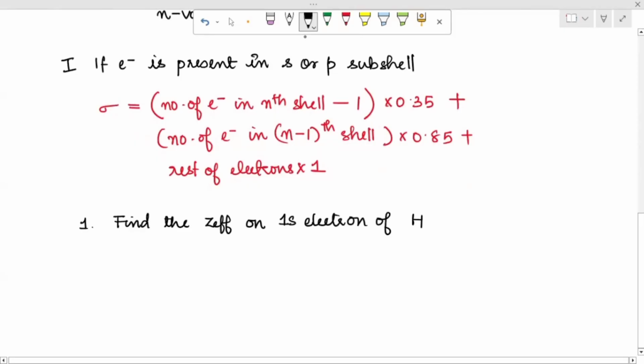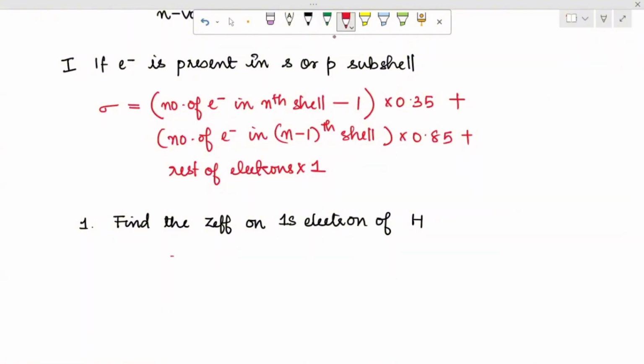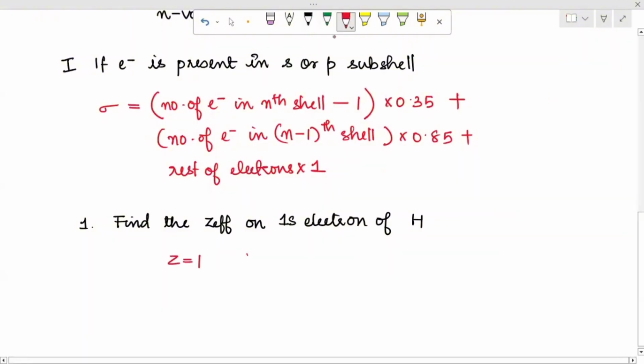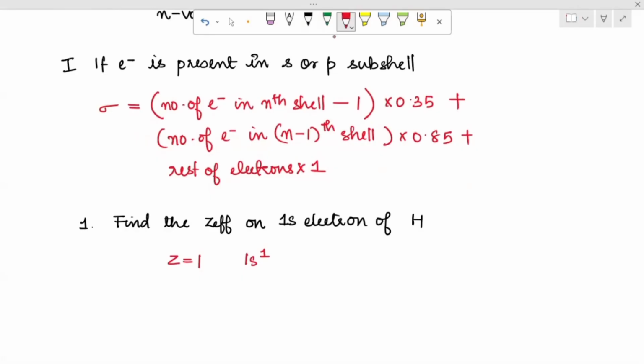To know this, first of all, you should be thorough with the previous lecture wherein we learned how to write the configuration. Very easy. Z is equal to 1 over here. Electronic configuration is 1s1. There is no screening, no shielding, and hence the shielding constant is 0.